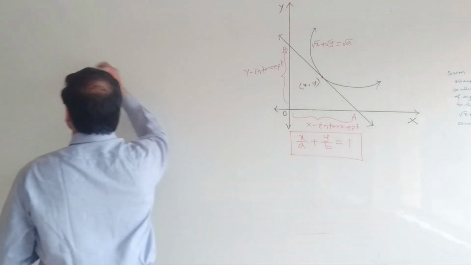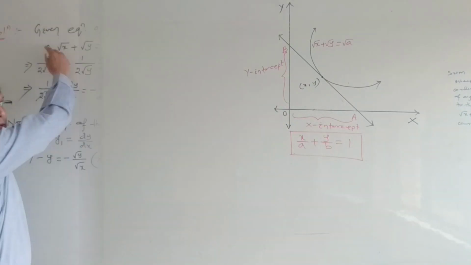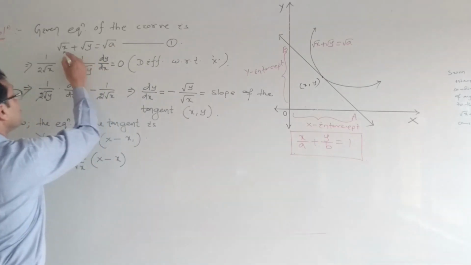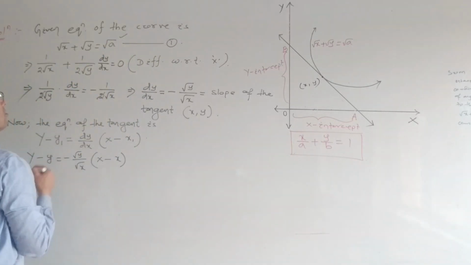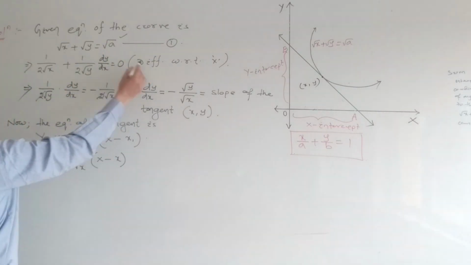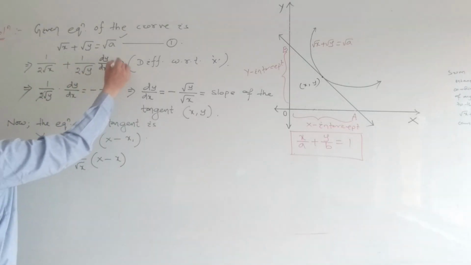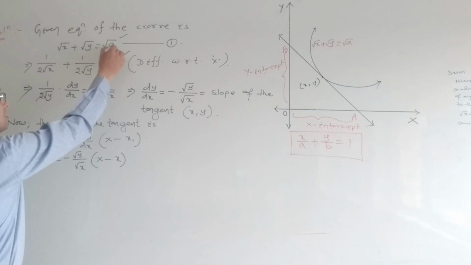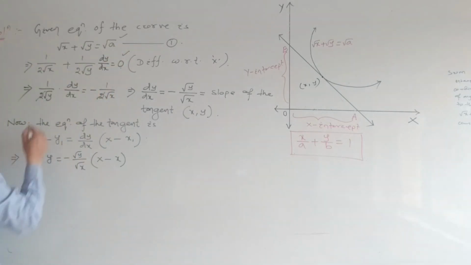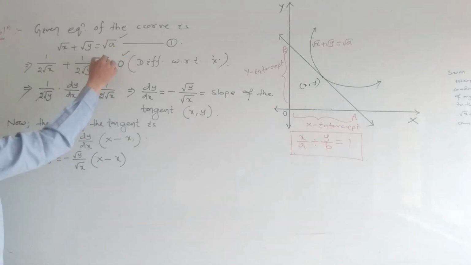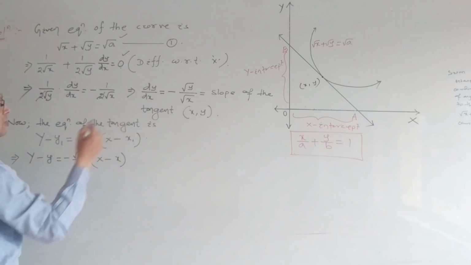Let's start the solution. The given equation of the curve is root x plus root y equals root a, equation number 1. Now differentiating with respect to x, 1 by 2 root x plus 1 by 2 root y dy by dx is equal to the derivative of a constant, which is 0. So now we have to find dy by dx, that is the slope of the tangent at the point x, y.